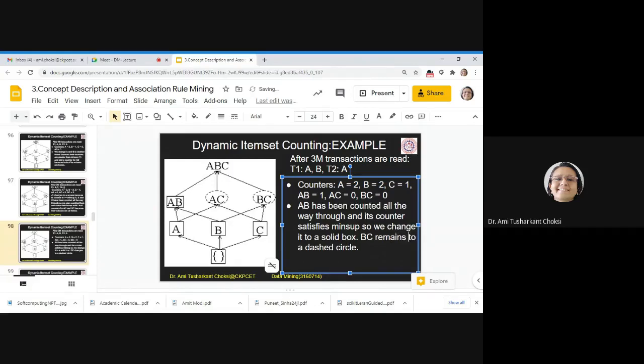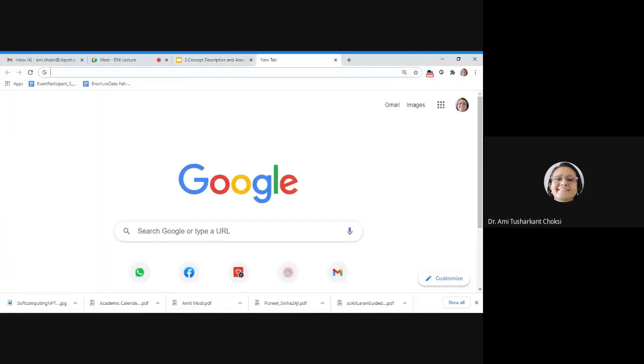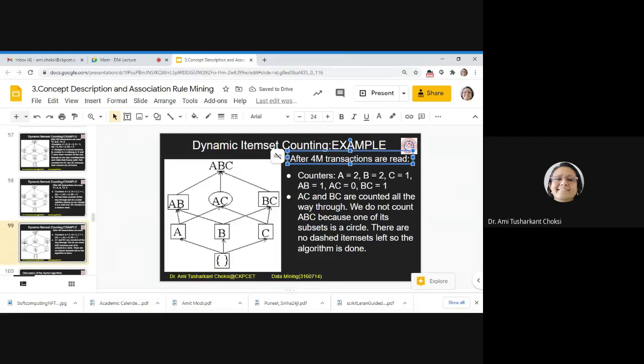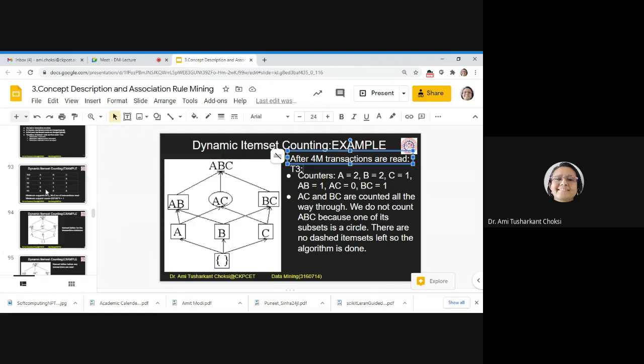Okay. So now what we want is for the other transactions, what is there? For the 4M transaction, what is T3 and what is T4? T3 is BC, right?